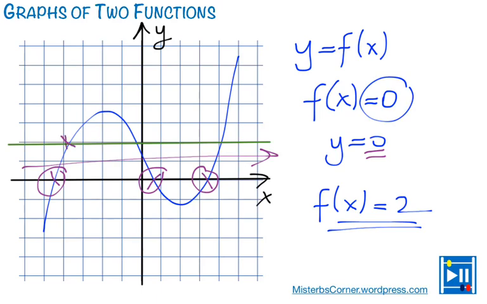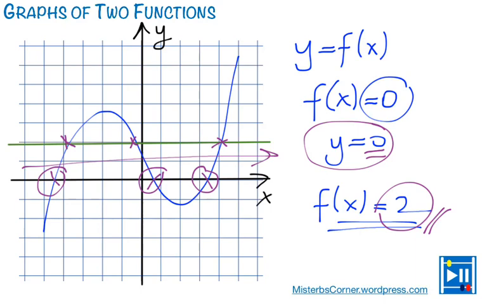So the solutions will be these 3 points. So it depends what you write in here. If you were to write another number, then you would draw another horizontal line and so on. But particularly important is that we find the solutions for y equals 0. But just that, we can now actually write down any number.